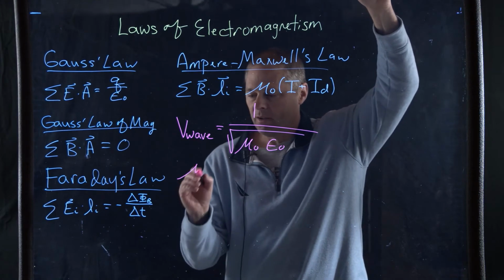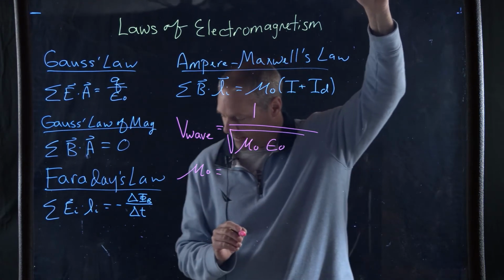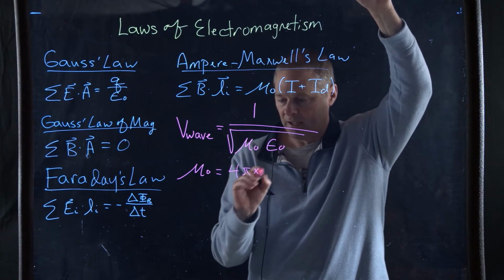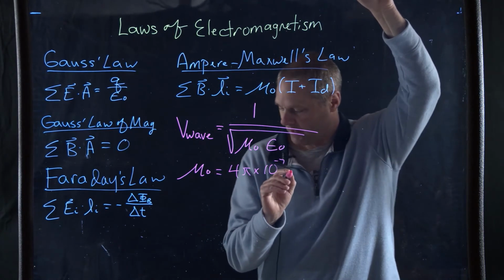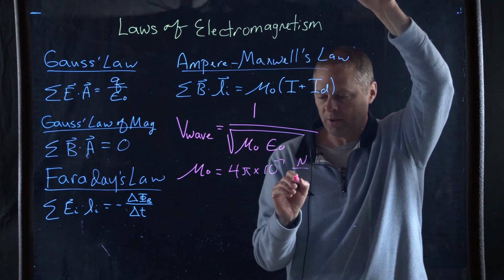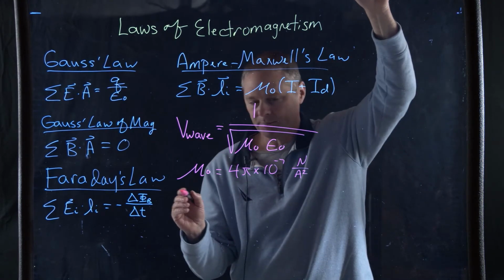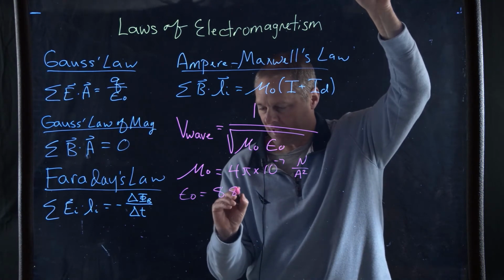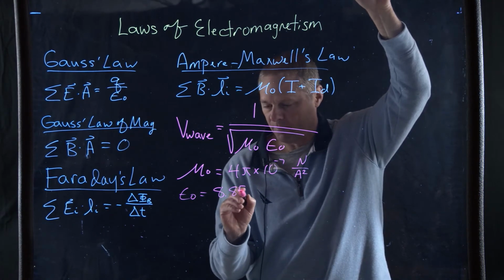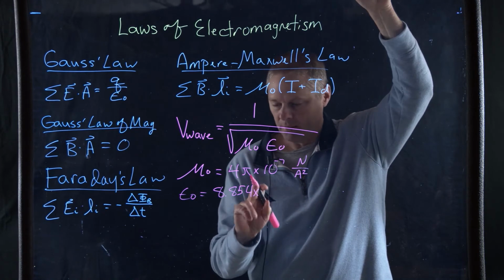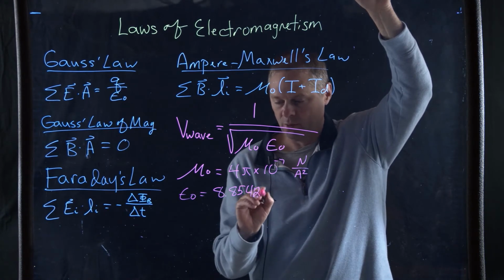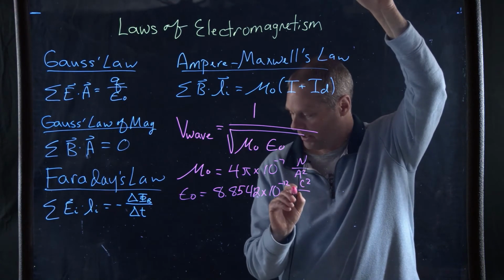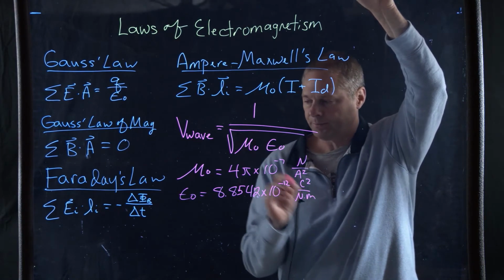And mu naught is equal to 4 pi times 10 to the minus 7 Newton per ampere squared. Epsilon naught is equal to 8.854 times 10 to the negative 12 coulombs squared over Newton meter squared.